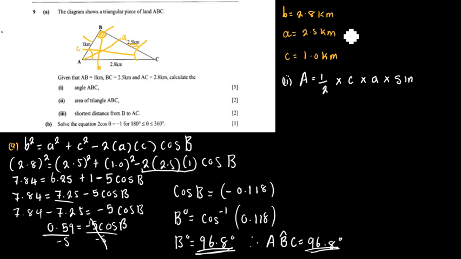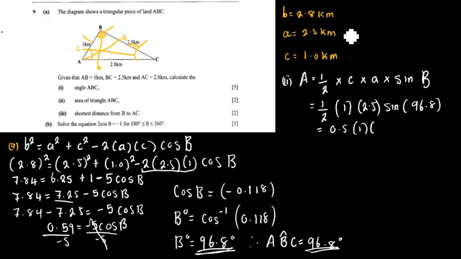This is going to be sine B. Alright, so we say 1 over 2. What is C? C, of course, is 1. What is A? A is 2.5. Then sine the angle, which is 96.8. So what I do, I just put it like this. It's just one and the same thing, so that you just punch everything at the same time.